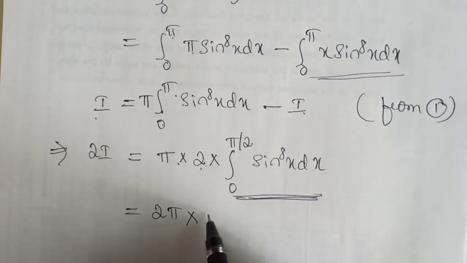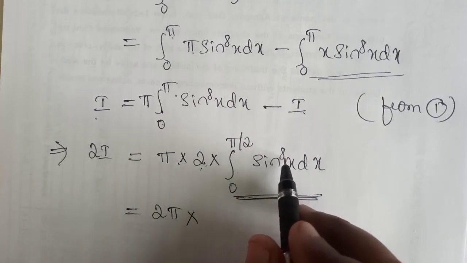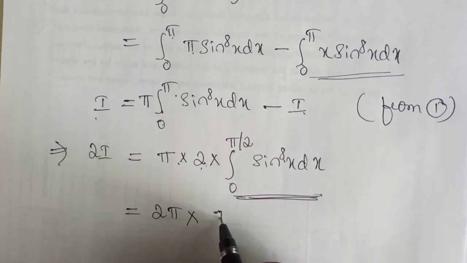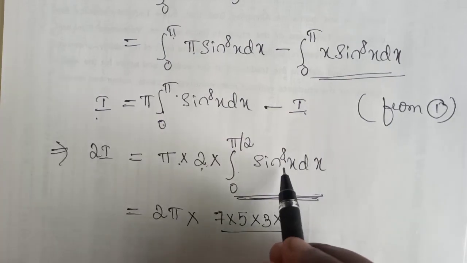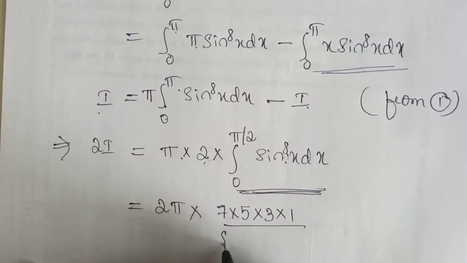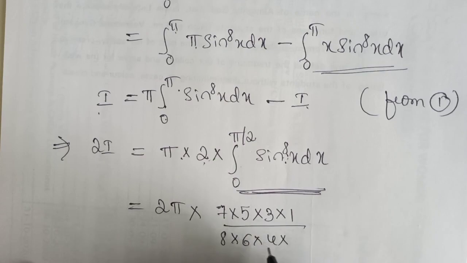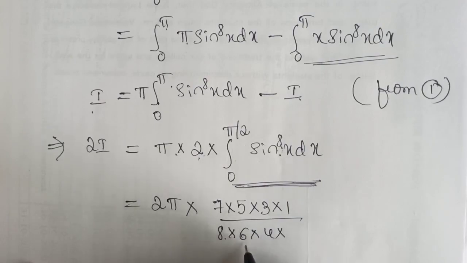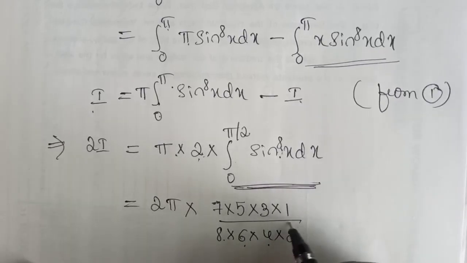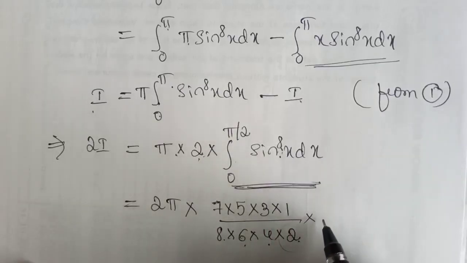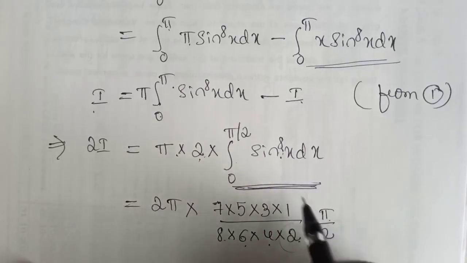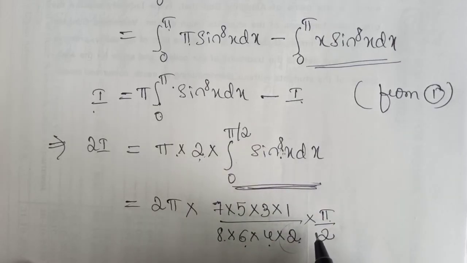So we start with n minus 1, that is 8 minus 1 is 7, 5 into 3 into 1 divided by, denominator starts with n itself, that is 8, 6 into 4 into 2, going on reducing by 2. 2 is the least positive integer. Since 8 is even, we multiply with pi by 2. If it is odd, then we go for multiplying by 1.